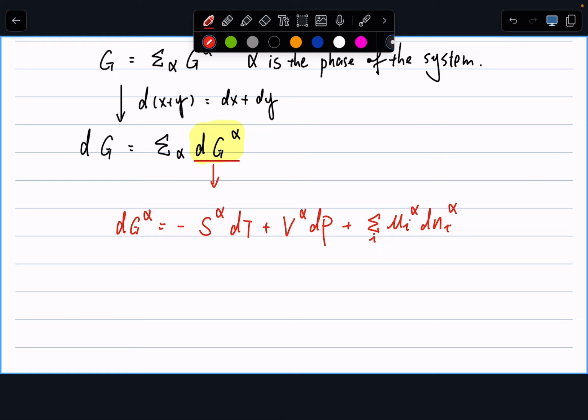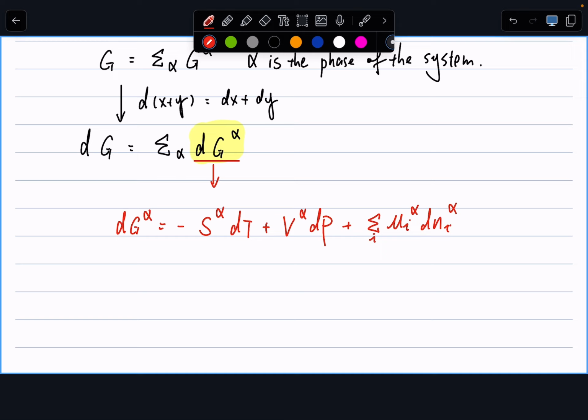Right, so alpha tells me what are the phases of my species. Now instead of only one species, you can have multiple species. So i denotes substance i, and alpha denotes the phase of that substance. So imagine we have water and alcohol mixed together, and we're doing vaporization of that water-alcohol mixture.